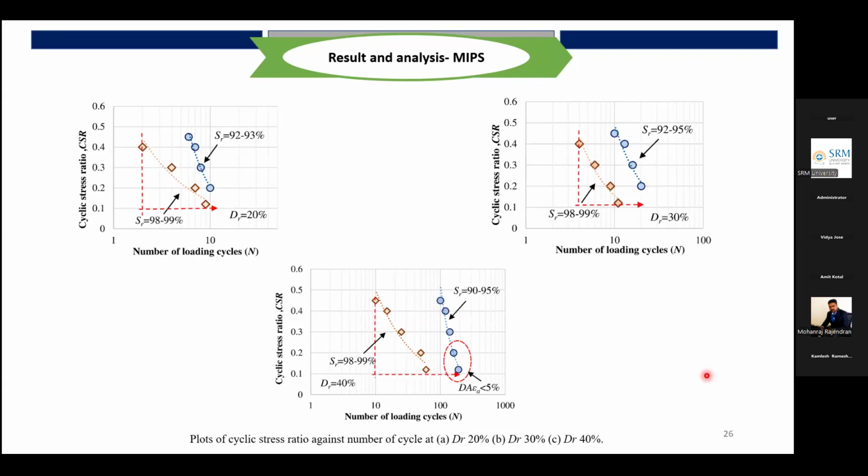Stress is being presented in terms of the number of cycles, where you're talking about degree of saturation variation. For example, at relative density 20%, the soil is in a very loose state with varying degree of saturation, and the mobilization of cyclic stress ratio is presented on the vertical axis, for the narrow range of 92 to 93, and the narrow range of 98 to 99.